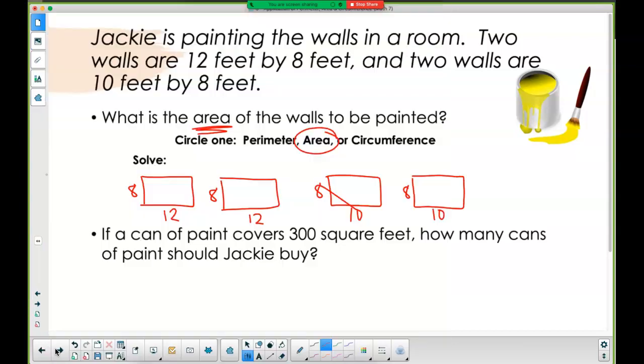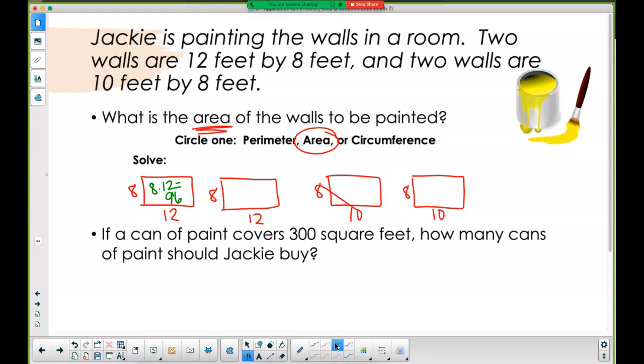Okay? You guys, I like to draw pictures of what I'm doing. It makes it way easier for me so that I can see what I need to find. So I need to find the area of this rectangle. How do I find the area of that rectangle? Caleb, base times height. 8 times 12 is 96, right? Double check my math, yeah, 96.